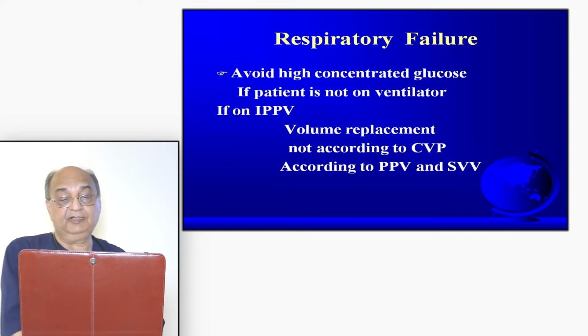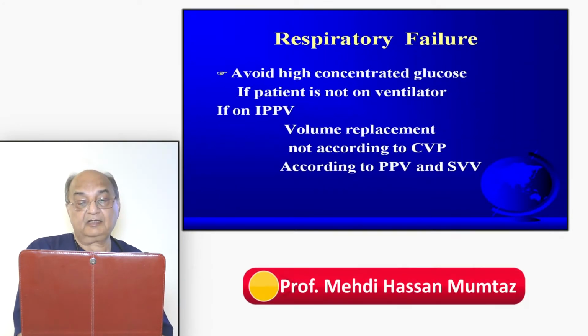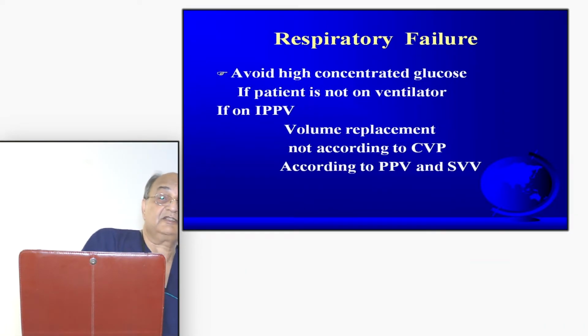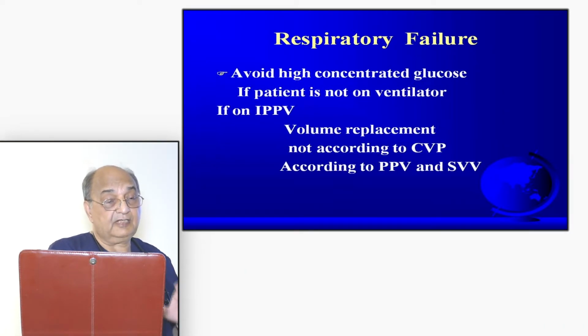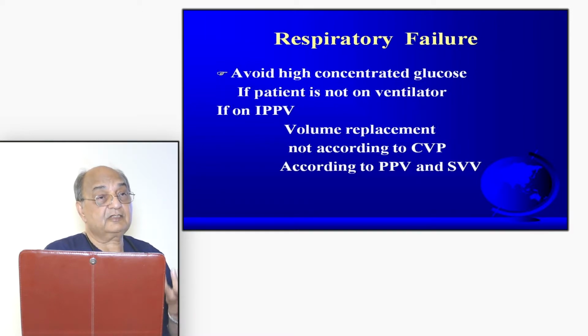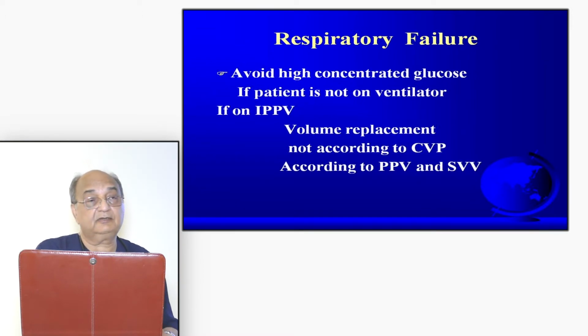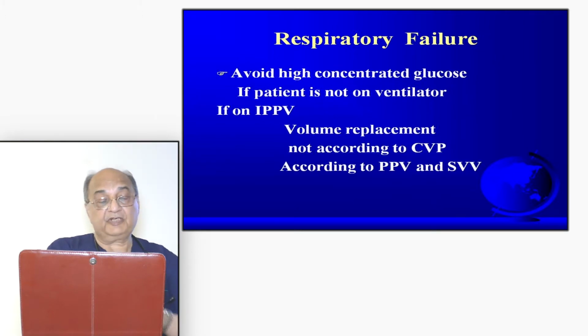If on IPPV, volume replacement is not guided by CVP. Once the patient goes on a ventilator, the central venous pressure catheter does not give you the correct status of the intravascular compartment. The only way you can do it, in an advanced intensive care unit, is through pulse pressure variation or stroke volume variation.